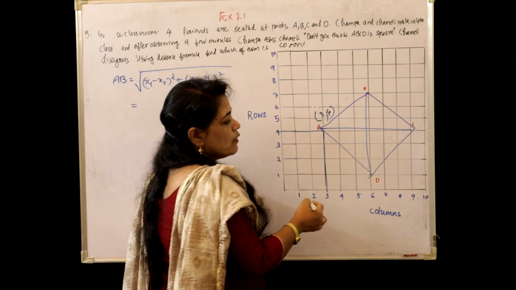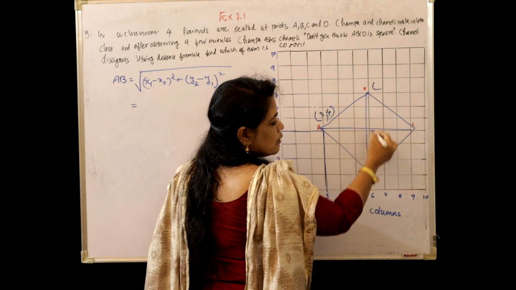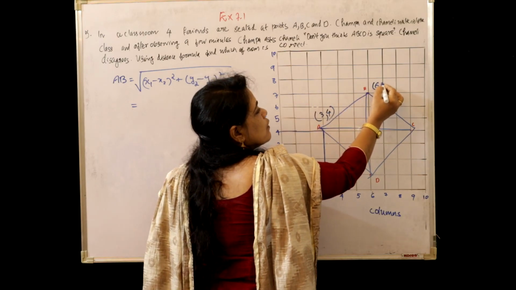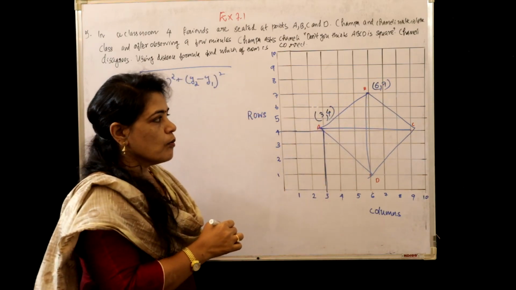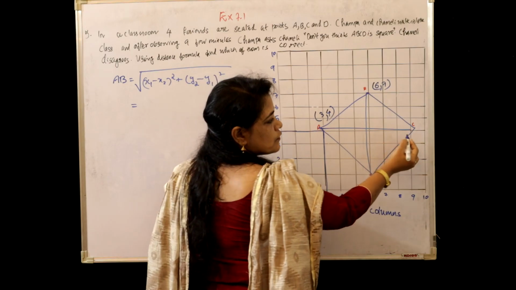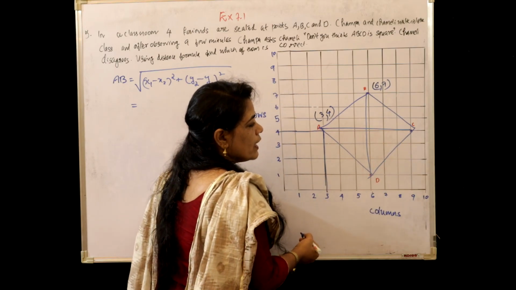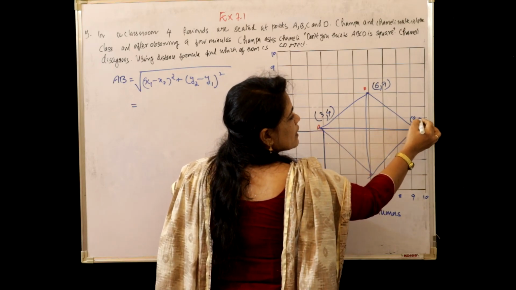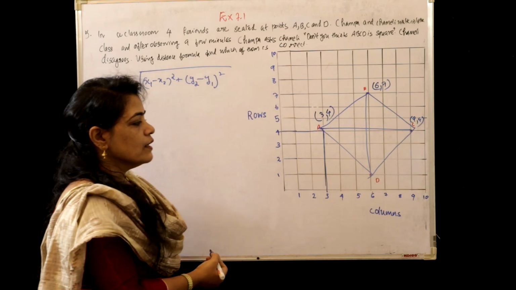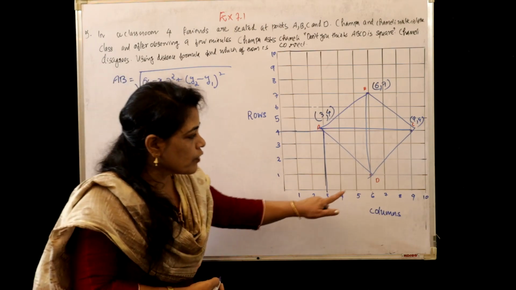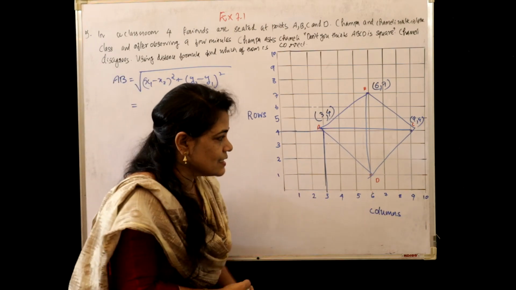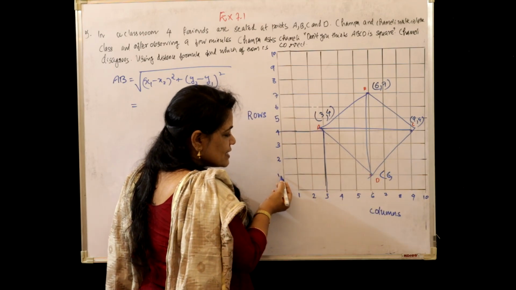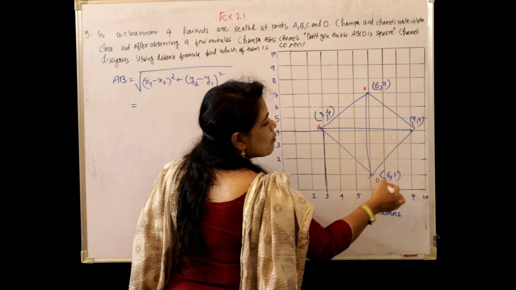For B, towards the x-axis it is 6, and the y coordinate is 7, so B is (6, 7). C is (9, 4). Finally for D, the perpendicular meets the x-axis at 6, and towards the y-axis it is 1, so D is (6, 1).